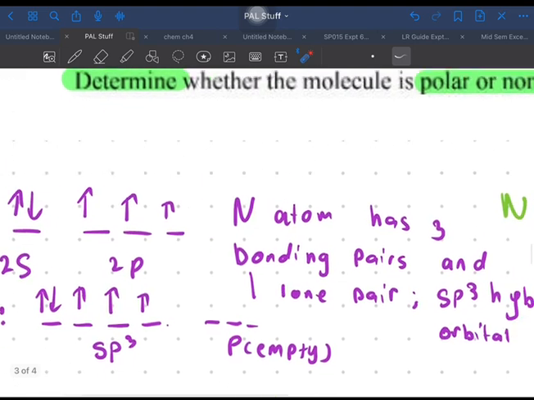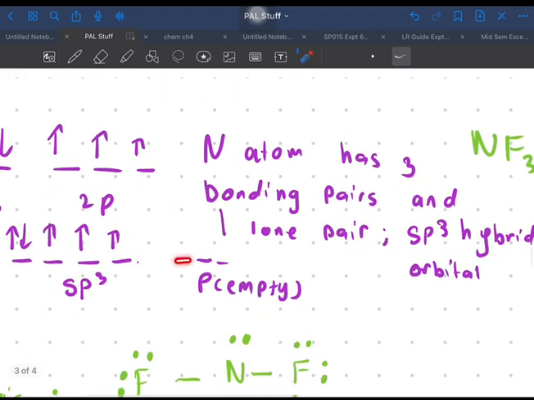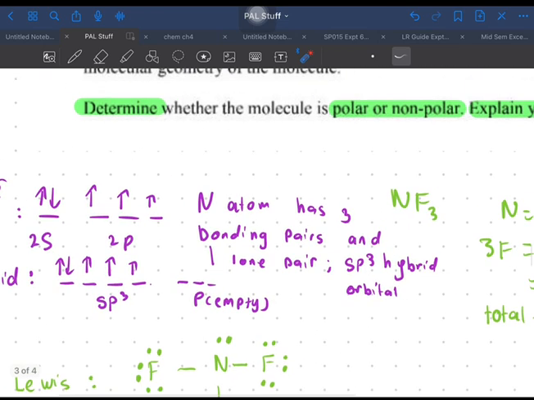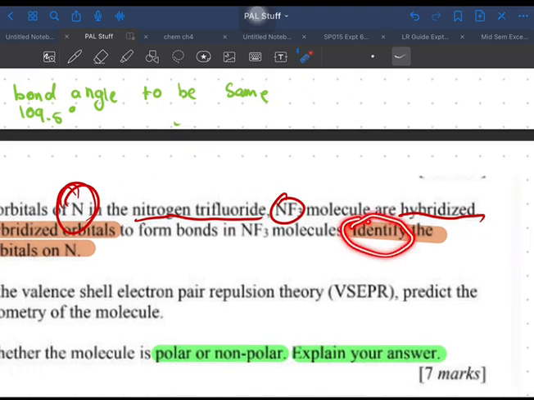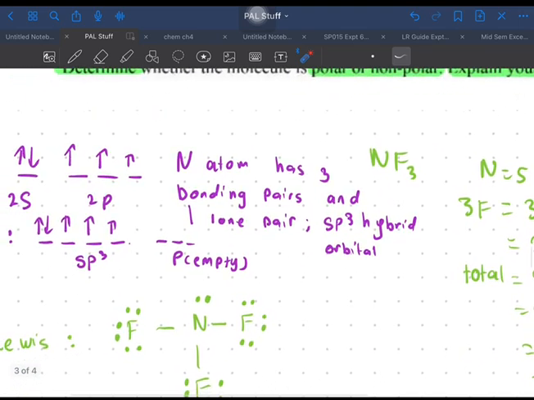And then what happens to the p orbital? It's empty. We still have to draw it and state that it's empty, just to know that it's empty. It has a p shell, but it's empty. And it said identify, so we just have to tell what it has. The N atom has 3 bonding pairs and a lone pair.